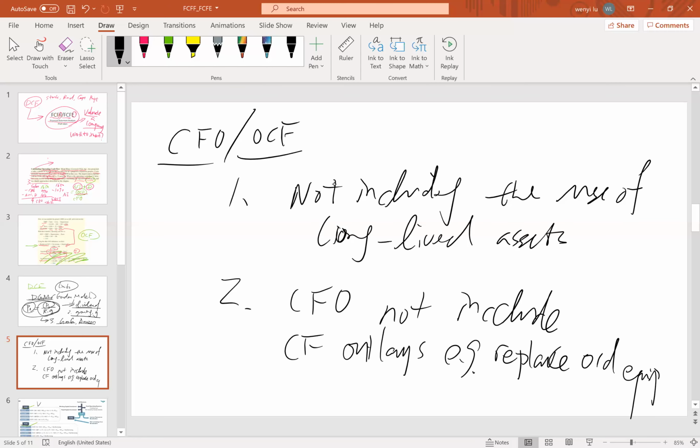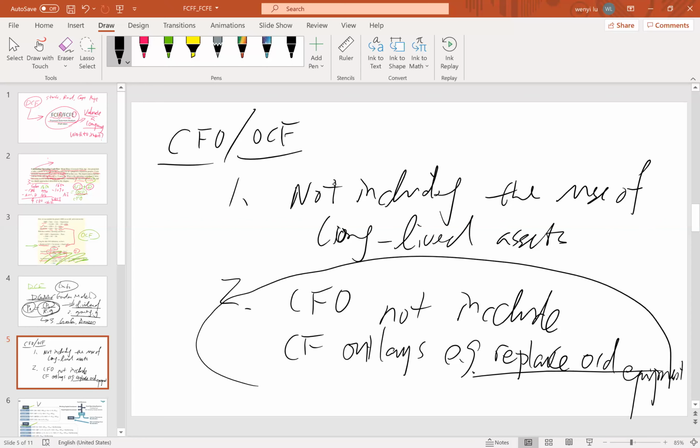You need to sell the old machine, and when you replace it with the new machine, you need to control the working capital and also start to use some long-term assets. So all this is not included in the operating cash flows.